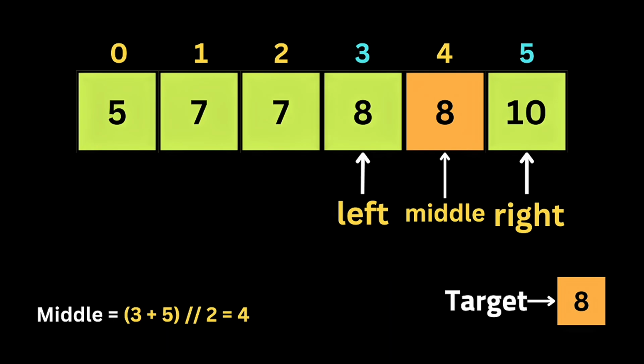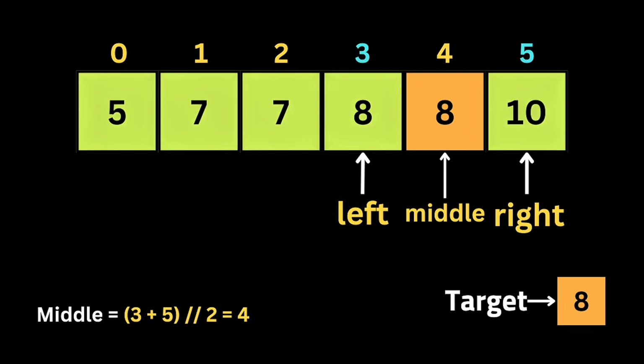After calculating the middle pointer, if we have a middle pointer equal to the target, remember, even if it's equal, we still need to check if it's the first appearance of the target in the array. We start by checking if it's index 0. Here the target is at index 4, so we move to the other condition to check if the previous number is equal to the target.